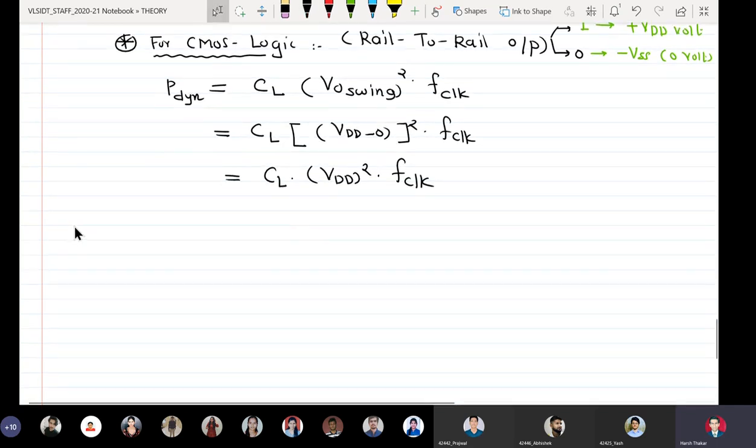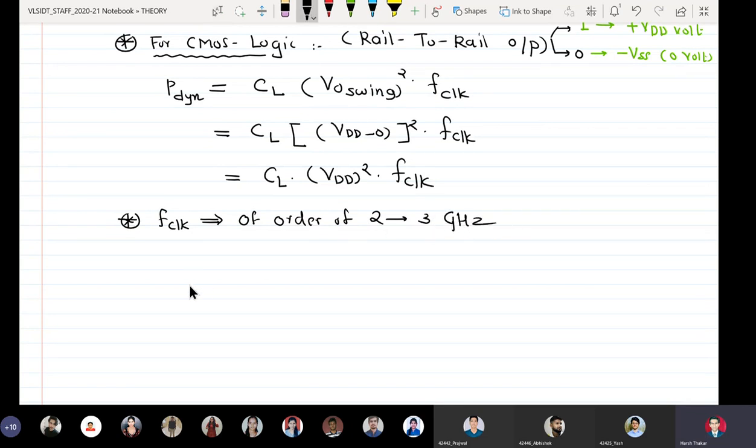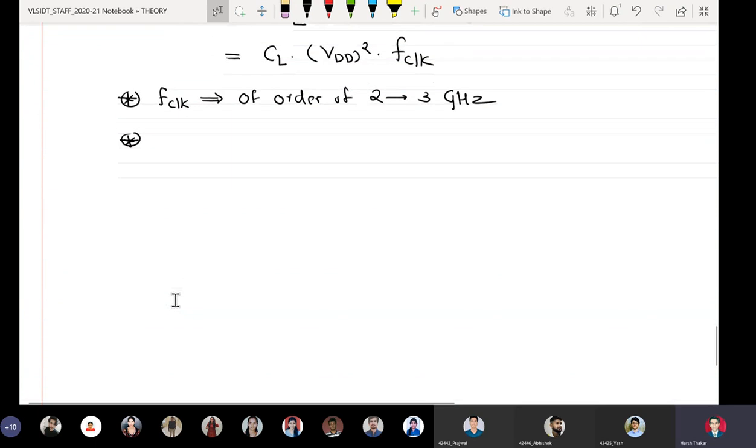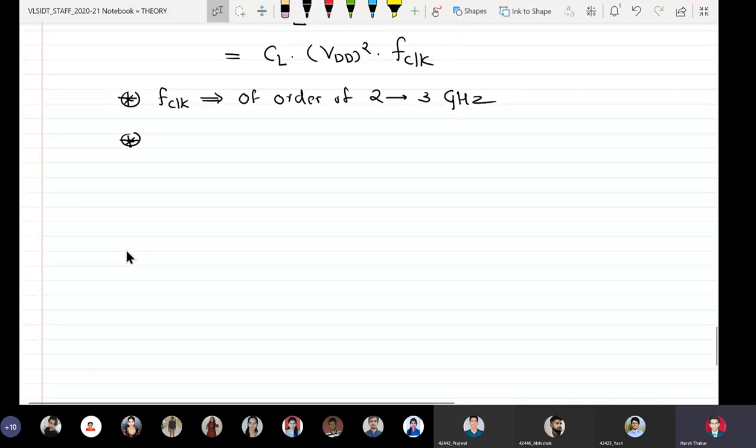Currently FCLKs are of the order of 2 to 3 gigahertz. We know that. While achieving very high performance, the problem is that the ground bounce becomes more prominent.